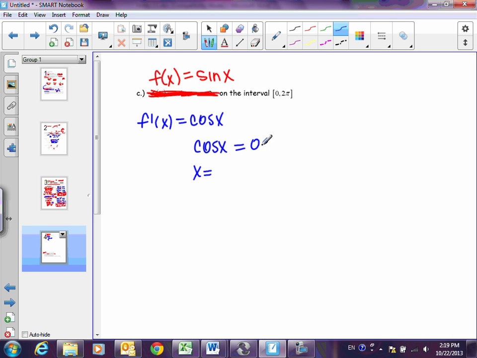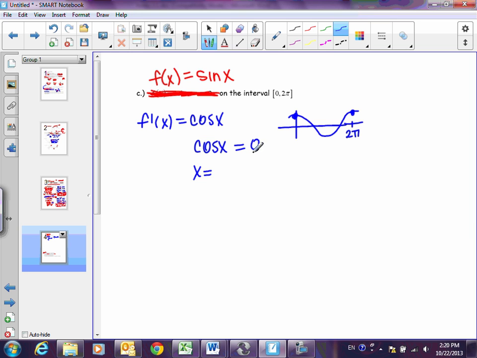But I'm going to tell you, after teaching trig for many years, I think when you get to these, the easiest way to do this is to think about a graph. This is what one cycle of cosine looks like. It starts at a peak, it goes down, it comes back up to the peak to end at 2 pi.